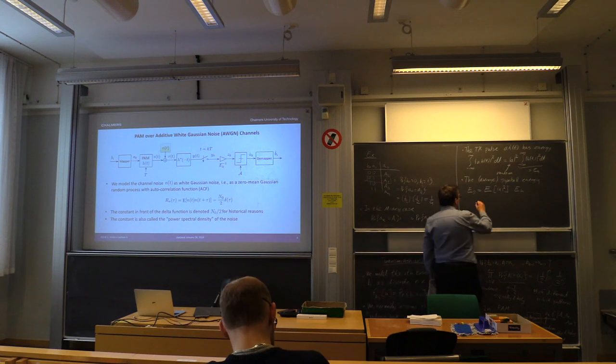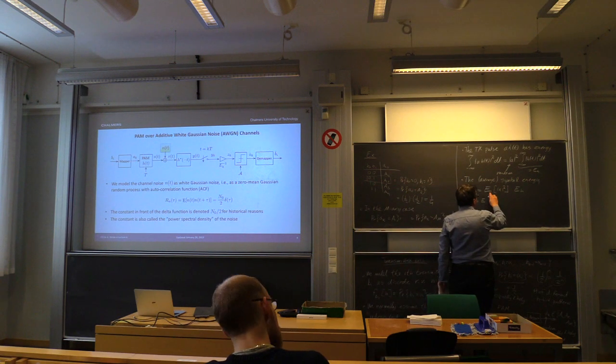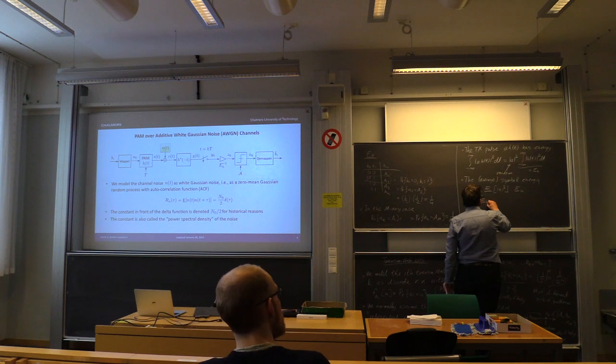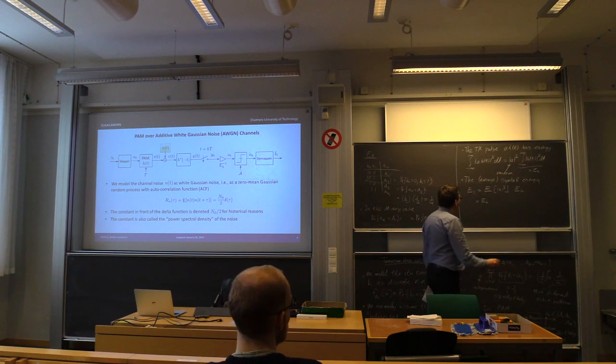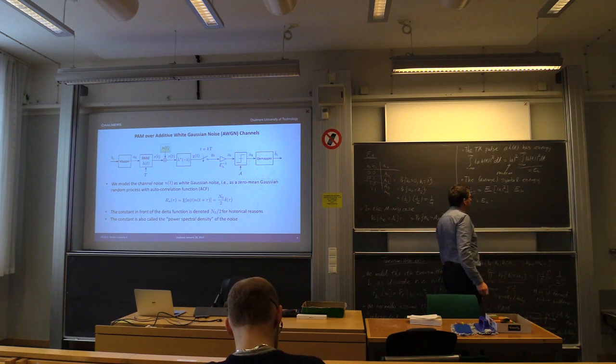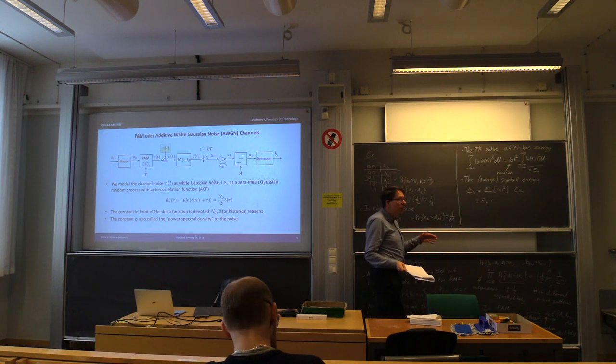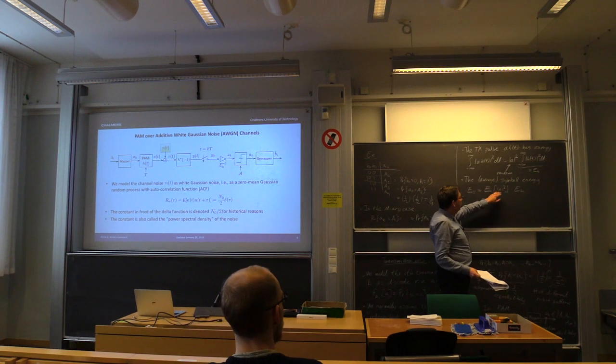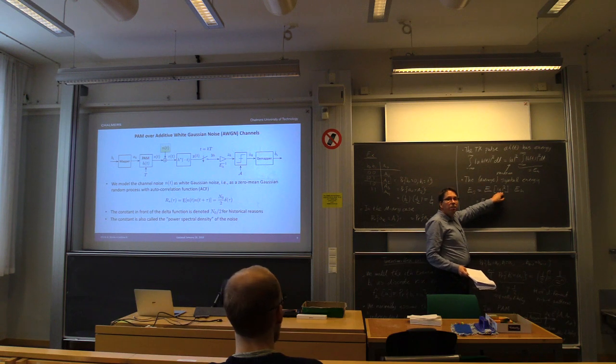So if we look at this expected value here, we put E_h in the beginning, and it should be multiplying the expected value of the magnitude squared of A. So how are we going to tackle this? What do we know about the random variable A?